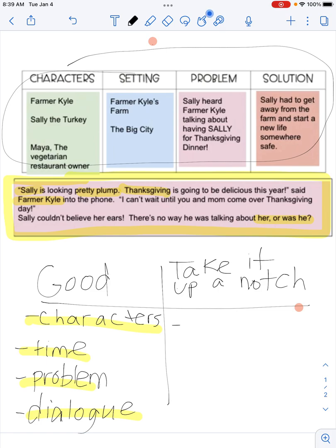But I also want you to take it up a notch about describing, and so that's using some key vocabulary words or some adjectives or vivid verbs, describing the setting of the story. Remember, the setting is where and when this is taking place, okay?